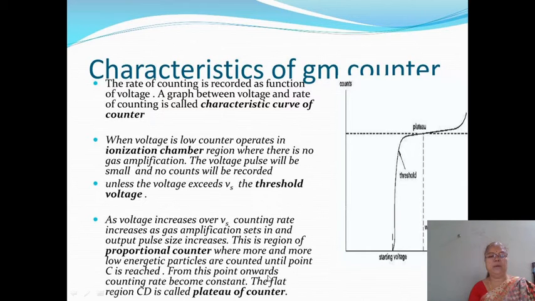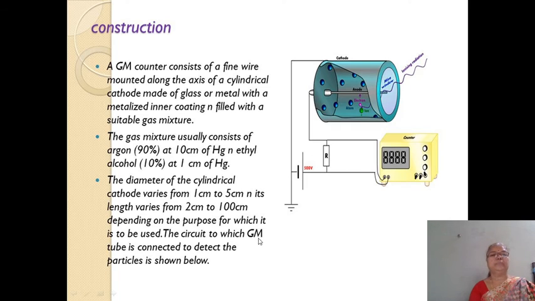From this point onwards, the counting rate becomes constant. The flat region CD is called the plateau of the counter. Suppose this is counts per minute and here is the applied voltage, then the counts increase here and remain steady, and this region is called the Geiger plateau or plateau of the counter.